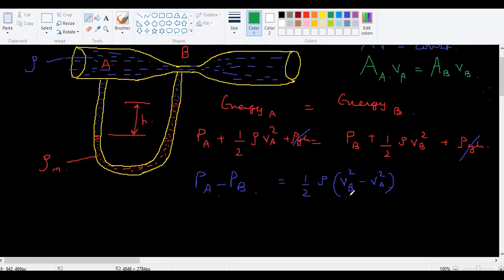So I'm going to take VA square out commonly. So half rho VA square is equal to VB by VA the whole square minus 1, because I'm taking VA square outside, which means I need to divide.